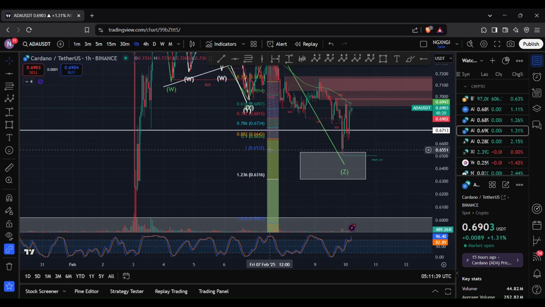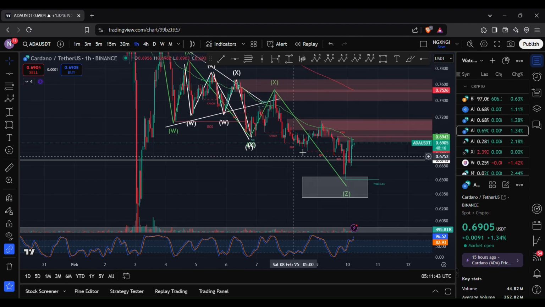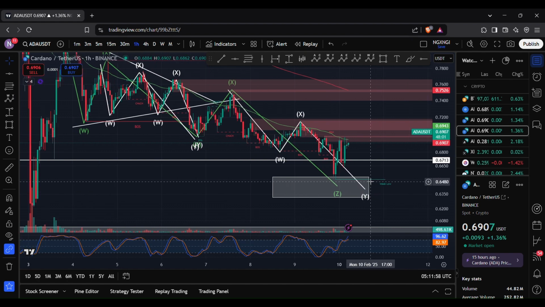If that's the case, we can try and analyze our internal wave structure within this wave Z, and what I can see forming is a WXY formation. That'll look like this, where you have your W wave, X wave, and then your Y wave.